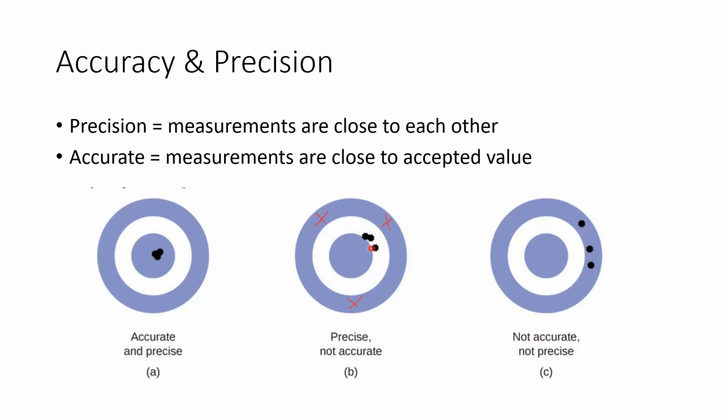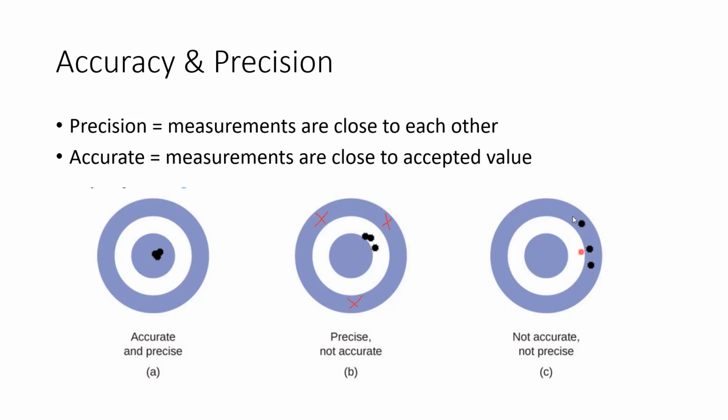But in the case of the red X's, if our average is accurate, but we're not precise, what that indicates is what we're doing is not repeatable. We have some sort of error that's changing each time, basically. So we're either screwing up a bunch of stuff and just happen to get lucky that the average was on there, or we're screwing up different things each time. And again, that's just not what we want to see, because science should be repeatable.